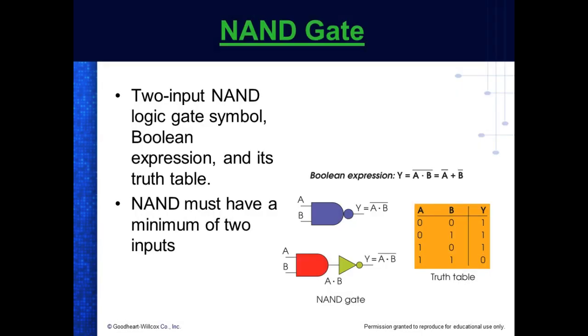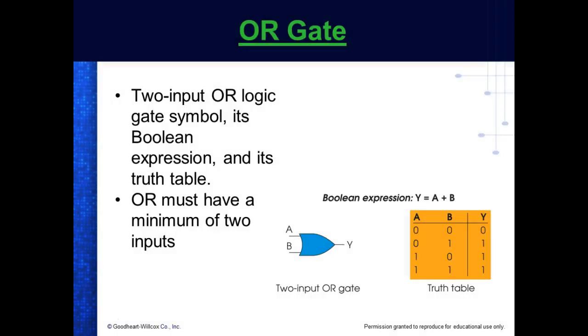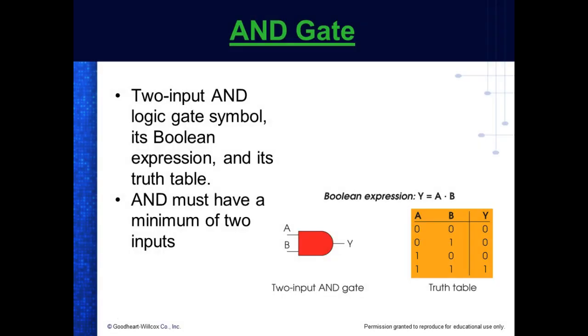Then we get into an AND. The symbol's not colored in red, by the way. This is a 2-input AND, but if you look at it, you've got to have a minimum. To get an AND operation, you've got to have at least a minimum of 2 contacts. You can have a ton of them, but you've got to have at least what? 2. Okay. An AND says both inputs have to be true for the output to go true.